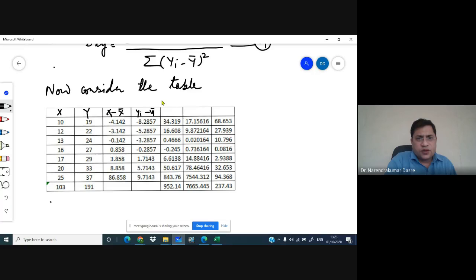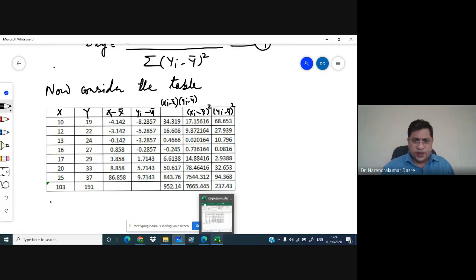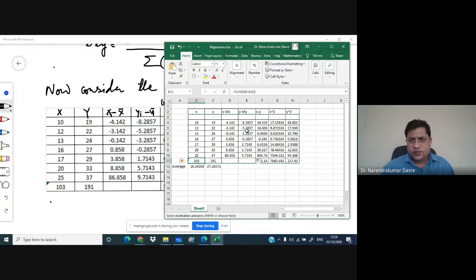This is xi minus x bar into yi minus y bar. This is xi minus x bar square. This is yi minus y bar square. So are you getting the same answers or different ones?